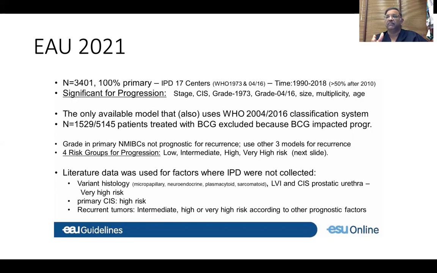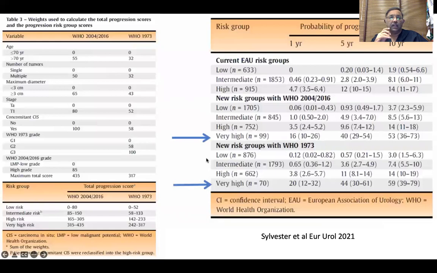So some of them have very aggressive cancers, and the other ones have relatively less aggressive cancer and respond to intravesical treatment alone. The impact of variant histology, primary carcinoma in situ, and recurrent tumors were not added into this model.